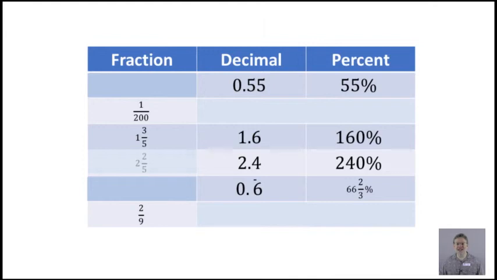Once again, 4/10 can be reduced to 2/5, so it's 2 2/5. 0.6 repeating, again, this is one of those special cases in which that's the same thing as 2/3. 0.55, that's 55/100ths, and you'd be able to divide the top and bottom by 5 to reduce that to 11/20ths.